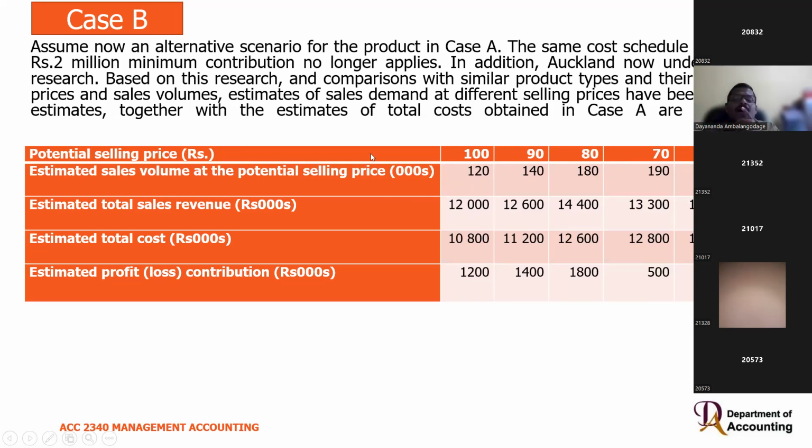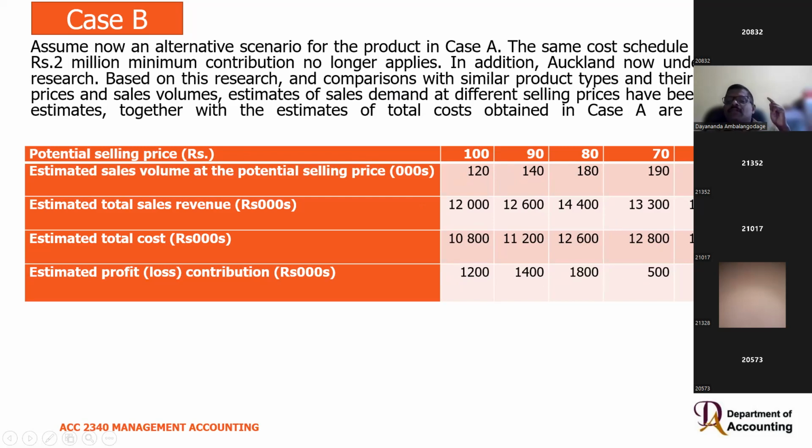So then the total revenue would be this multiplied by this: selling price 100 rupees multiplied by 120,000, so you get 12,000. 90 rupees multiplied by 140, you get the sales revenue. Then the total cost is the same because we are using the same data as in case A. So you will end up with a profit of so much.